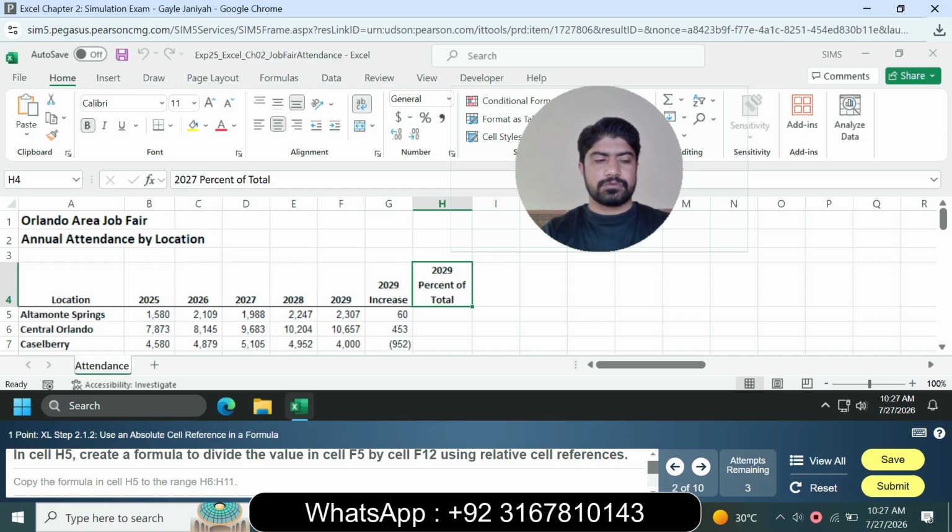So question number 2 is: in cell H5, create a formula to divide the value in cell F5 by cell F12 using the relative reference.